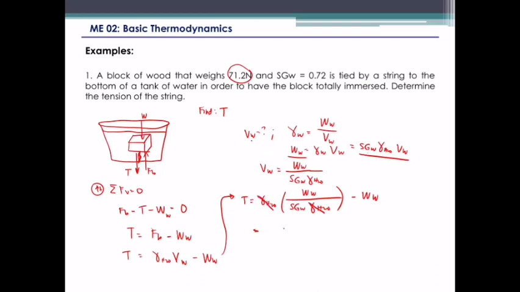So the weight of the wood, which is 71.2 newtons, over SG of the wood, 0.72, minus 71.2. So you get now the tension in newtons: 27.69. You have now your answer.